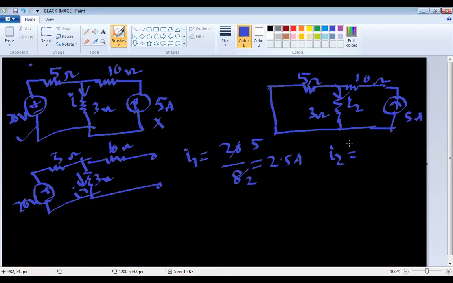Sir, current divider rule. Very good. So how to do this? Current into parallel resistance divided by the total. Correct. Sir, 5 into 5 by 8.